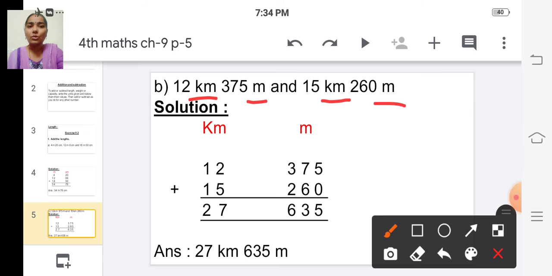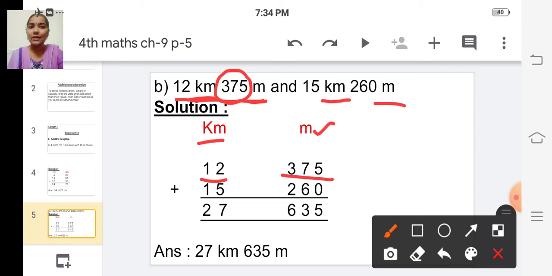The first length is 12 kilometer 375 meter, so write 12 below kilometer and 375 below meter.